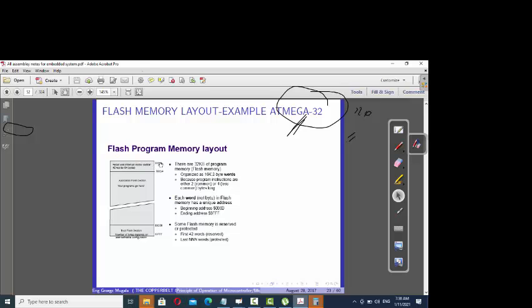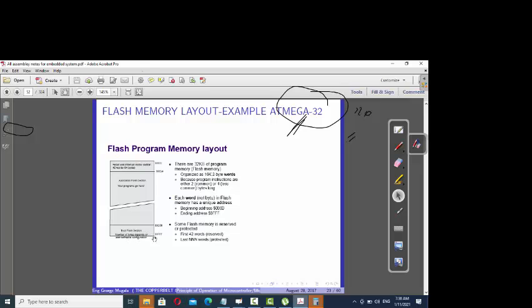The last section is going to be reserved for what we call the boot flash section. Again, I'm not going to talk about the boot flash section; I will maybe have some discussion on it later. But right now, this is how your memory is organized. You just need to understand that between this and this is where your program goes, and that is a special location for that, and that's also a special location for that.